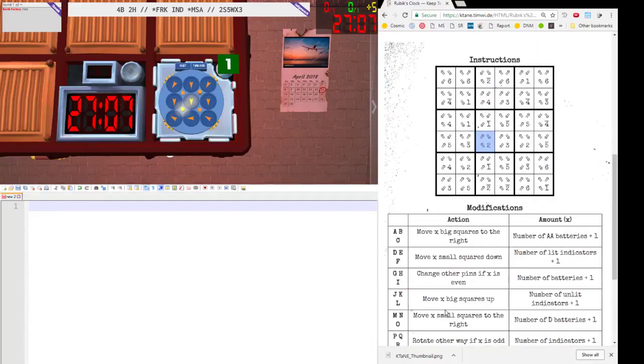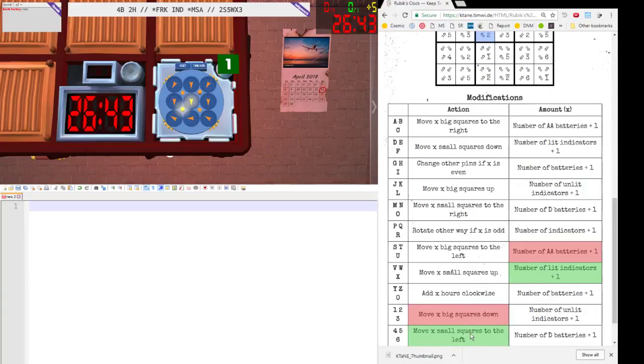When you go off the board, you loop back around. So it would be 1, 2. Notice I'm keeping the same relative position. 3, 4, 5. So this is where we're currently at, here on this square. That's after my first modification.